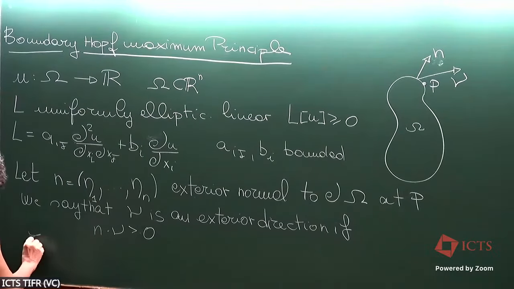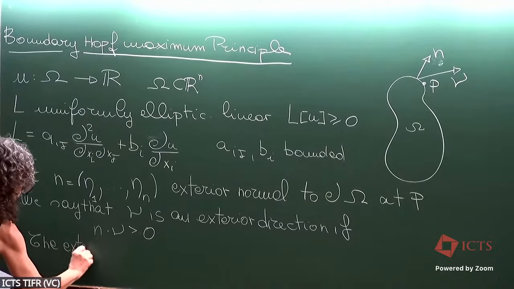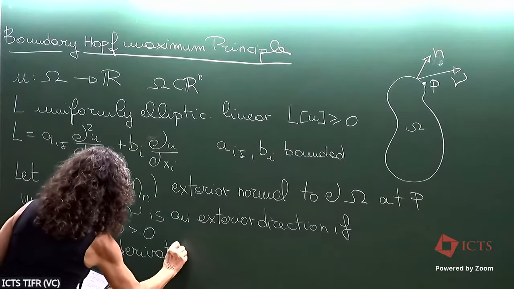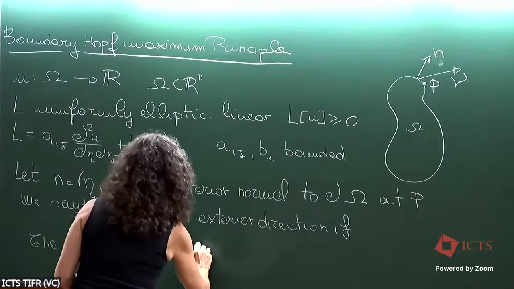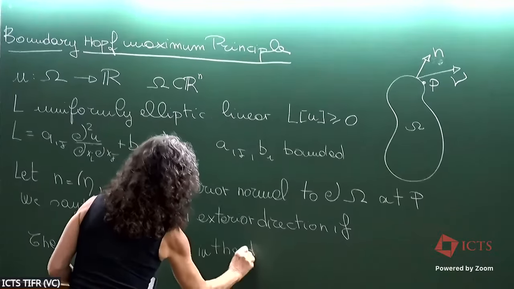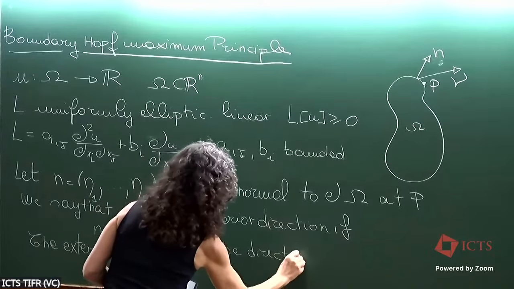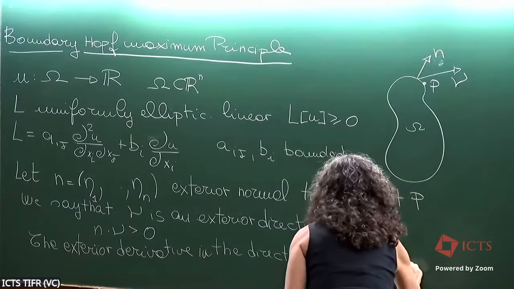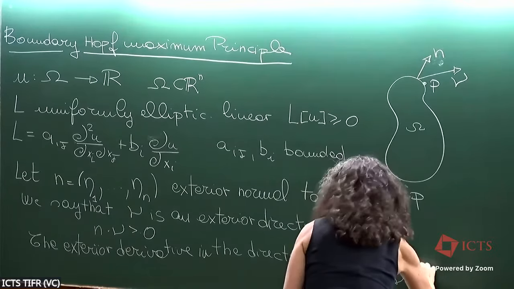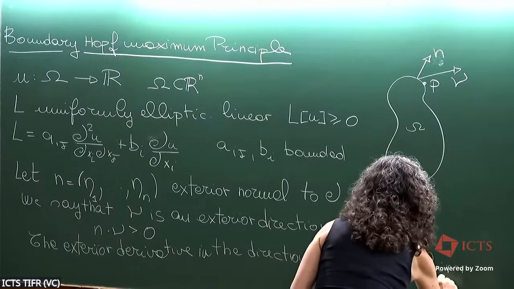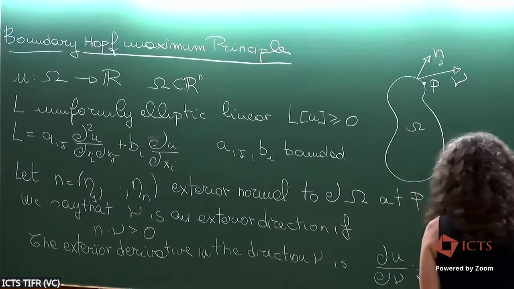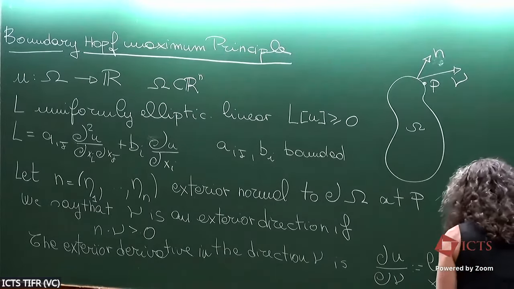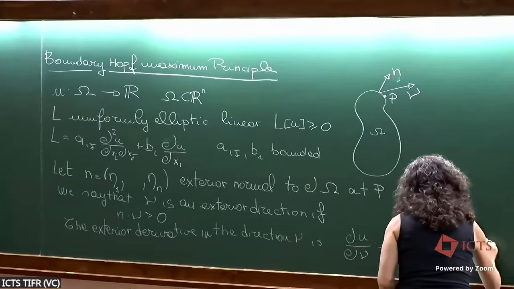So the exterior derivative in the direction nu, called du d nu, of course, is defined as the limit for x going to P, with x in omega, of the scalar product of nu times grad u of x.